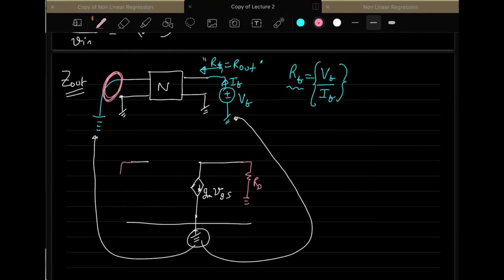So here I will do a ground, and this is also ground. This is source, this is gate. If both the gate and source are ground, that means your VGS is 0, because gate is grounded and source is also grounded. If VGS is 0, then GM VGS will be 0. And if GM VGS is 0, a current source of 0 means it is open circuited. So there is no current source.